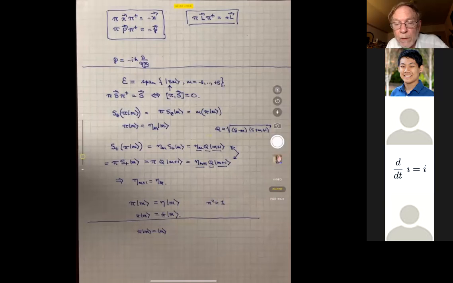So a fermion-antifermion pair has a negative intrinsic parity. You can't say whether the fermion or the antifermion is positive and the other one's negative, but if you choose one to be positive, then the other one has to be negative. So typically one would take the electron to have positive parity and the positron to have negative, but that's a convention to a certain extent.